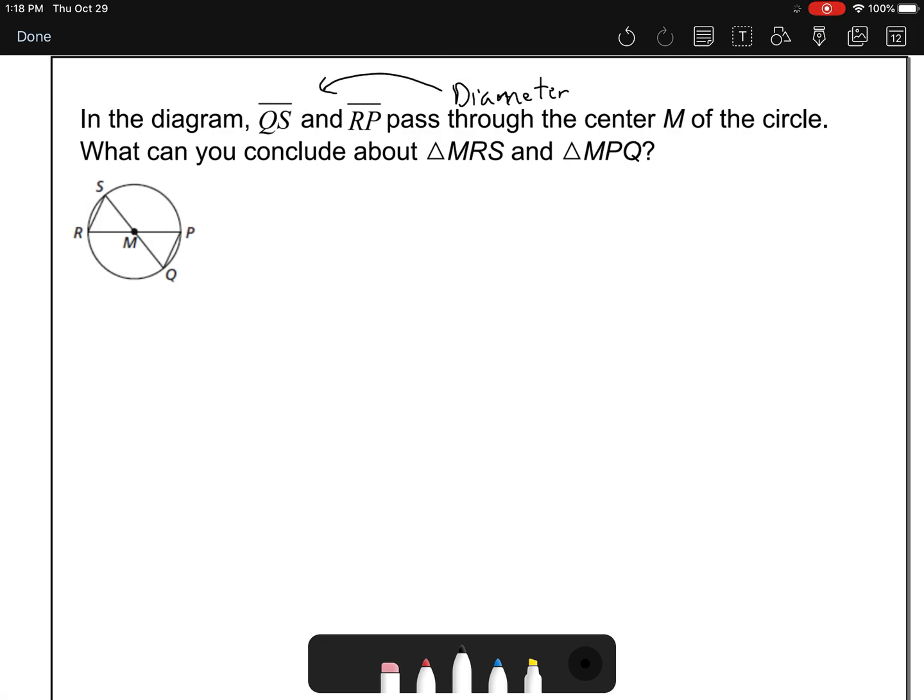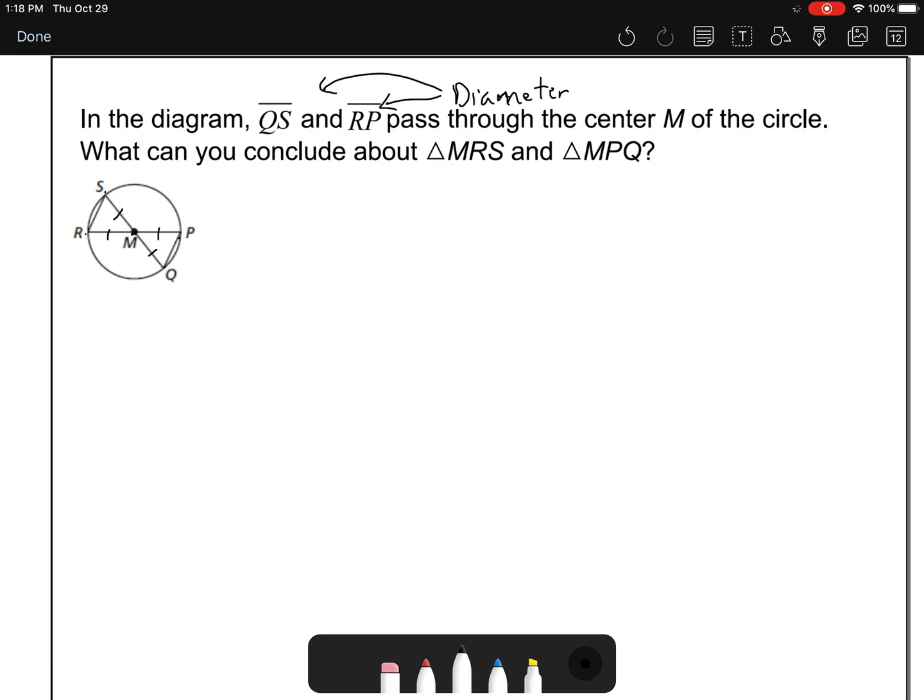Each of them is a diameter of the circle. Well, can the diameters be different? No, they cannot. Well, what do you call MQ, MP, MS, and MR? Those would be radii. Each of those is a radius.